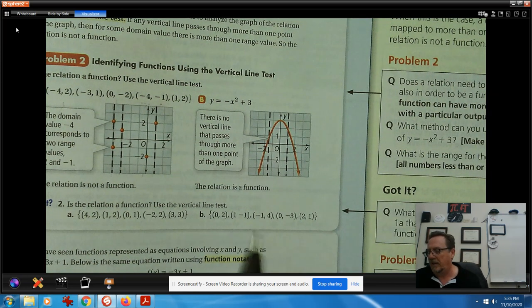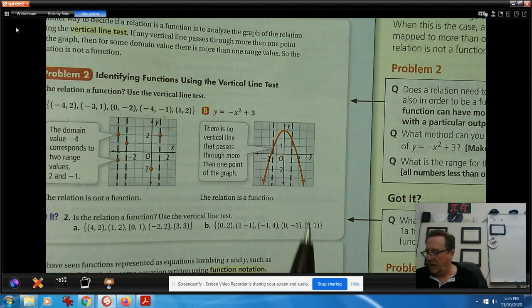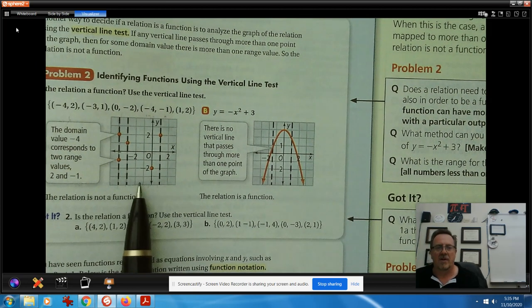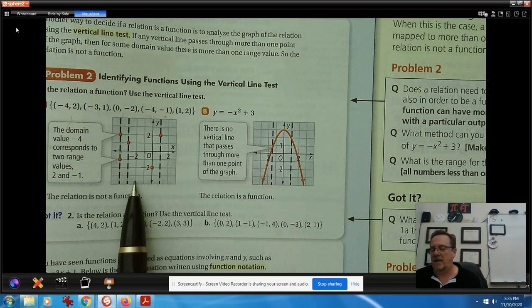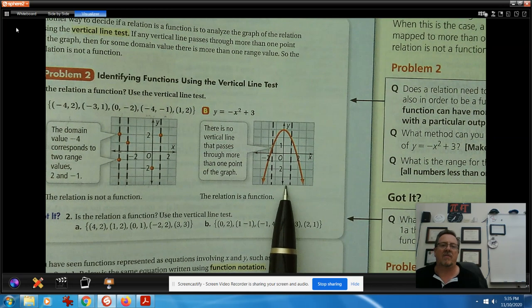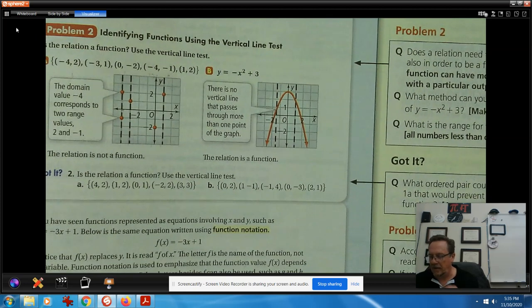So we can tell using the vertical line test that this is a function and this is not a function, because this one fails the vertical line test. This one passes the vertical line test. It doesn't cross through more than 1 point of the graph. Okay?